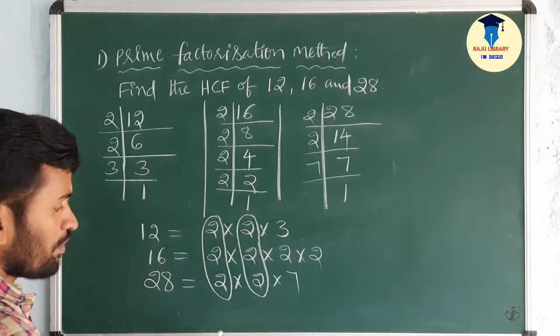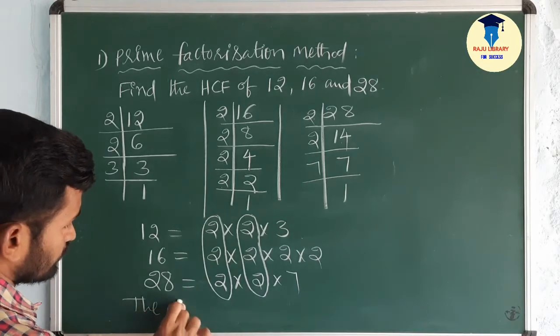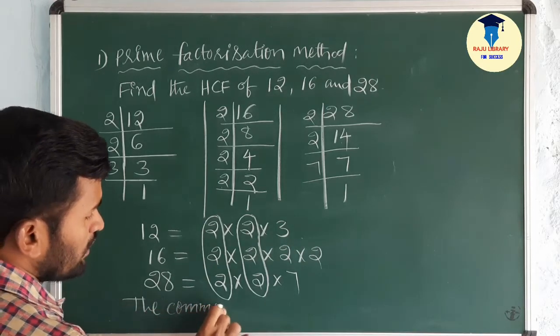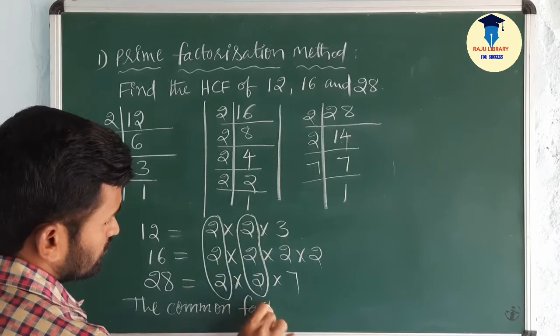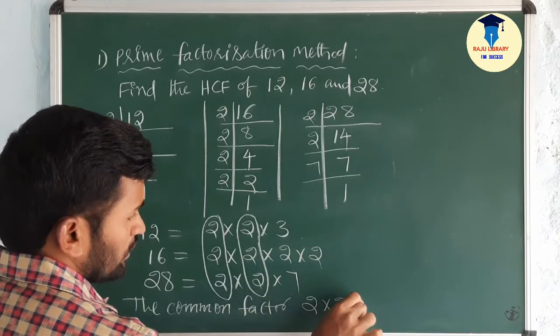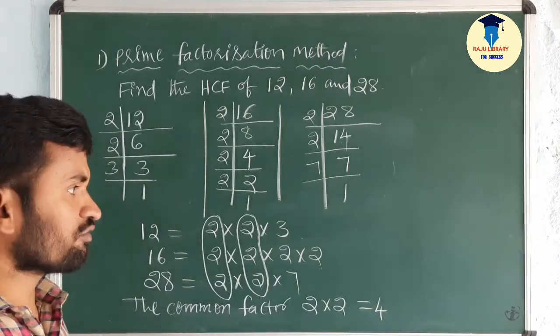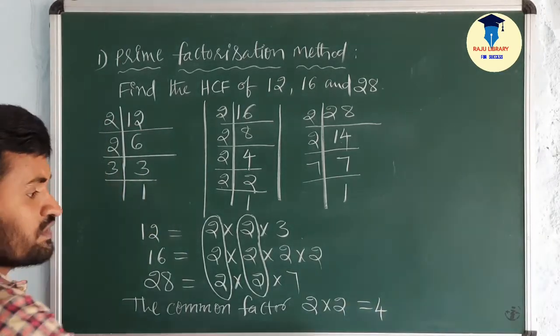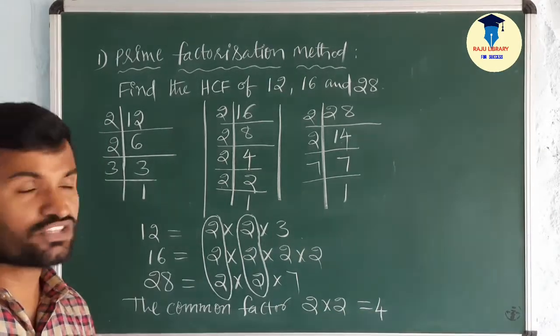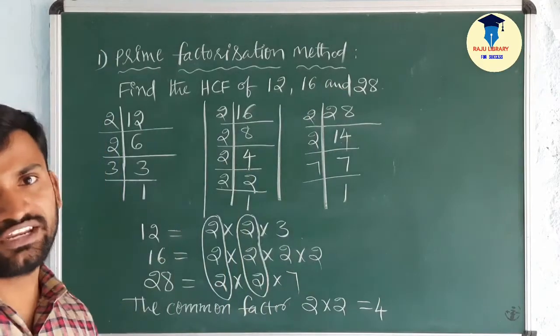So which are the common factors? The common factors are 2 into 2, that is equal to 4. Therefore this 4 is the HCF of 12, 16 and 28.